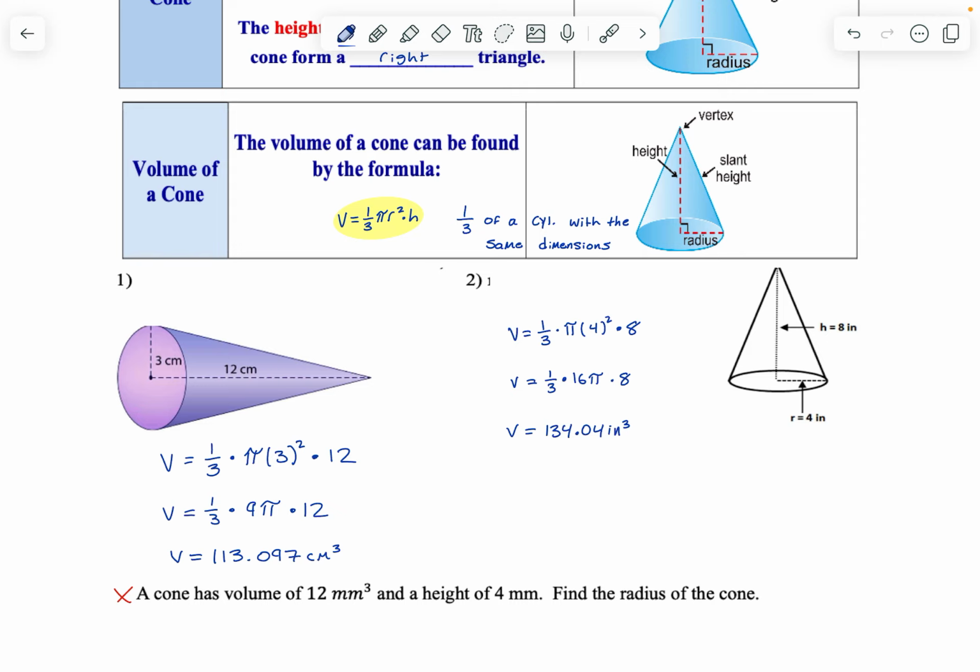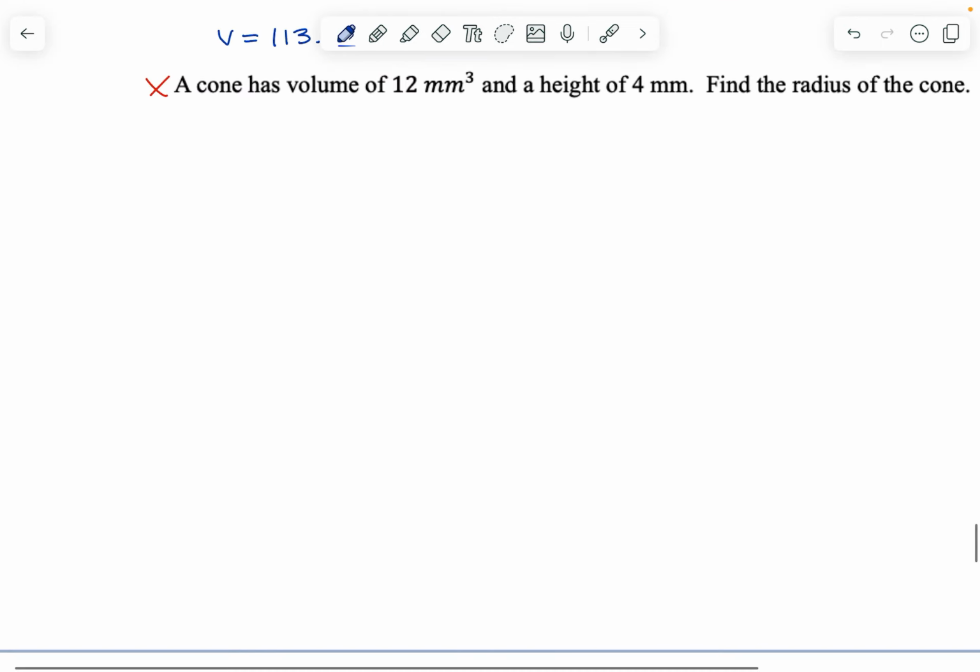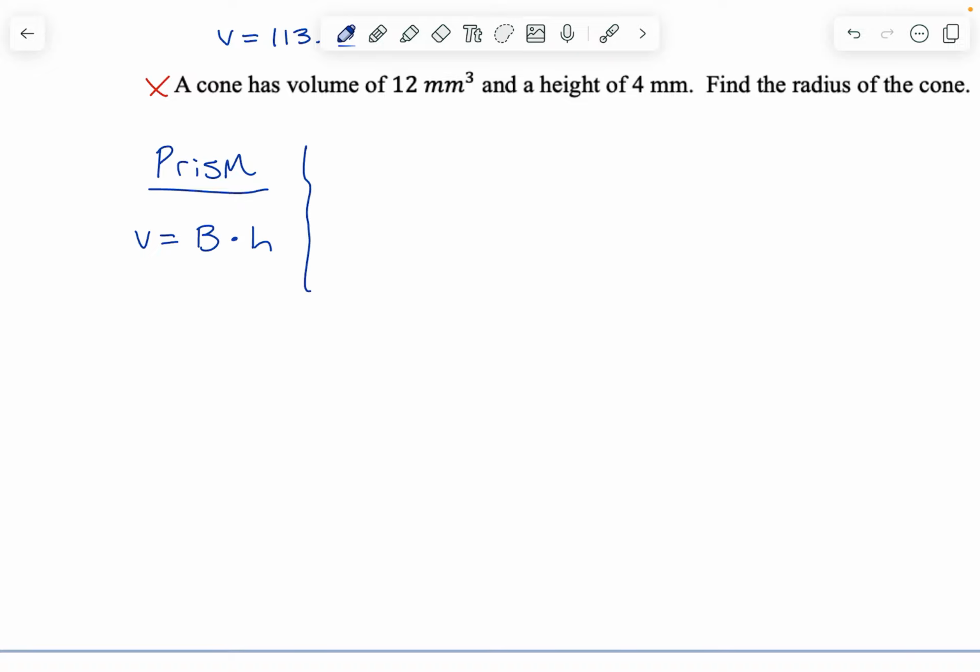Okay, you have reached the end. Your formulas are as follows. Volume of a prism is equal to the area of the base times the height. Volume of a cylinder is equal to the same, area of the base times the height, but we can write it as pi r squared times height.